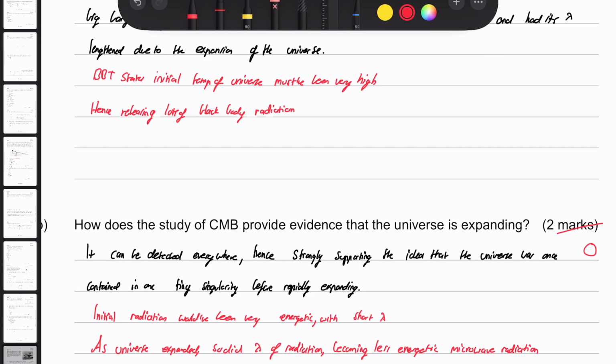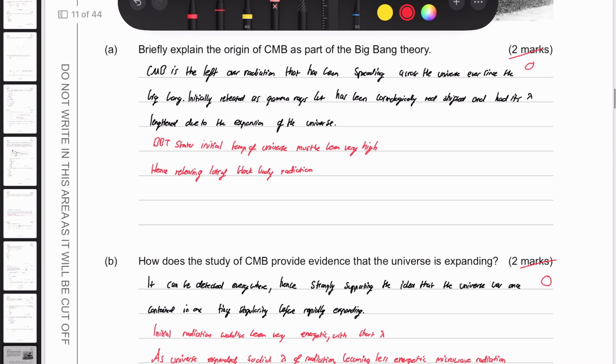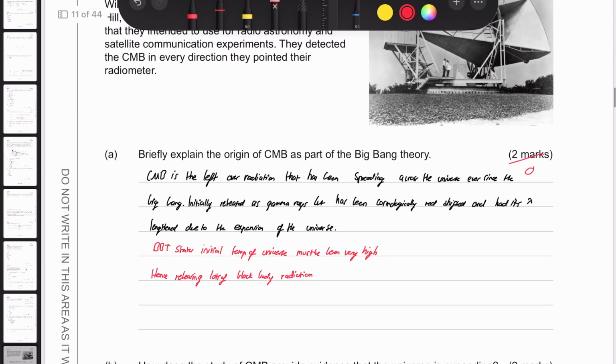As the universe was super hot, its emitted radiation must have been super energetic, so very short wavelength, like gamma rays, X-rays, that sort of stuff. However, as the universe expanded, so did the wavelengths of the radiation. So the gamma rays started from short wavelengths and expanded until they became the wavelength of microwaves, which is what we see in the universe today.